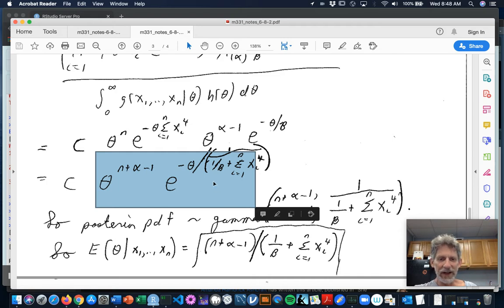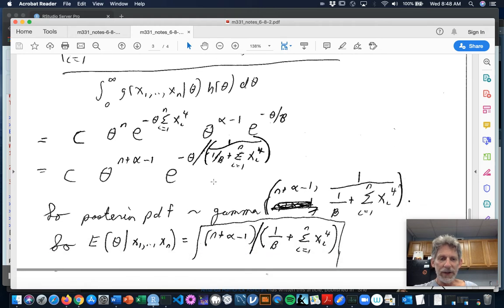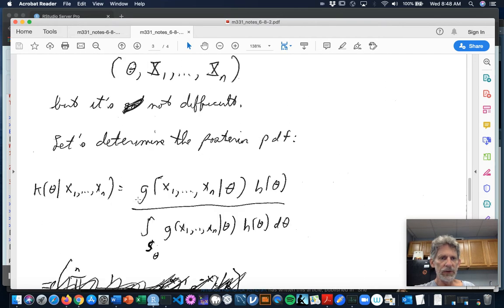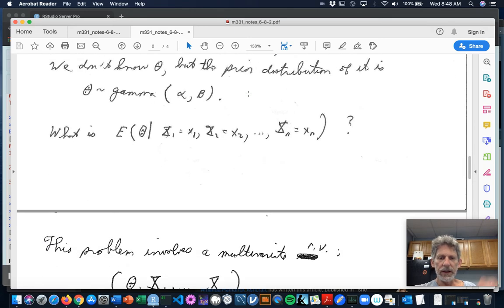This is another gamma. So we got another conjugate pair up here. You know, this kind of mystery prior, this gamma prior with this mystery data variable, this interesting distribution here, also turned out to be a conjugate pair.